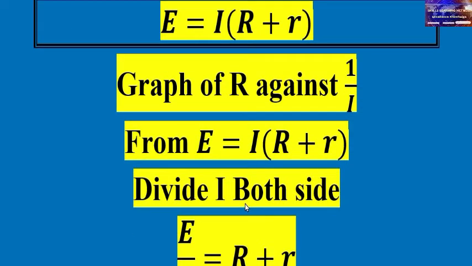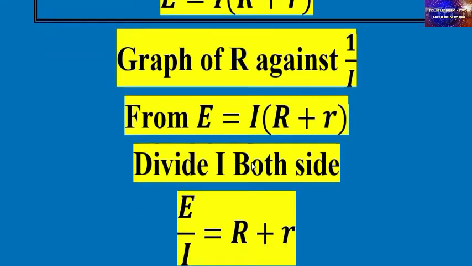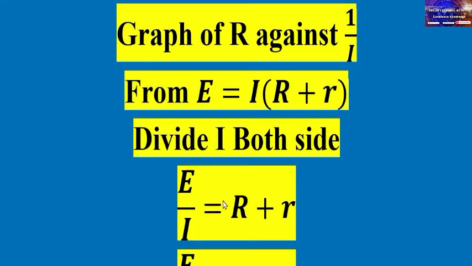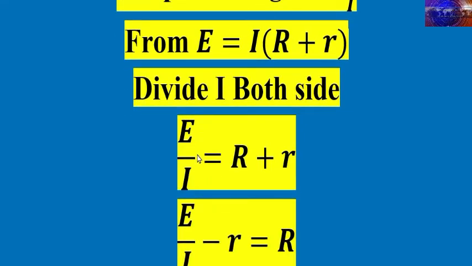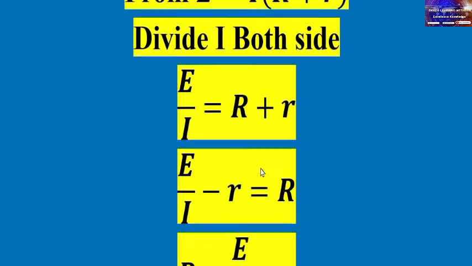Let's proceed with that derivation. E.M.F is equal to I bracket R plus r. In order to get R, which is the subject, you have to divide E.M.F by current, which is equal to R plus r.